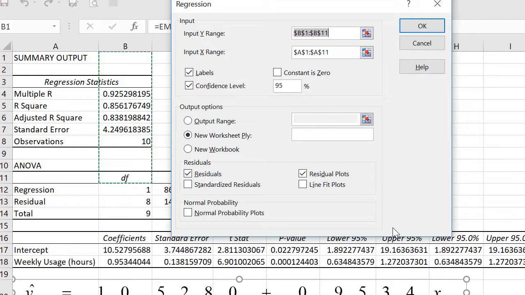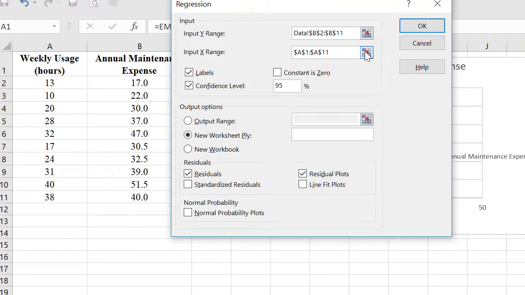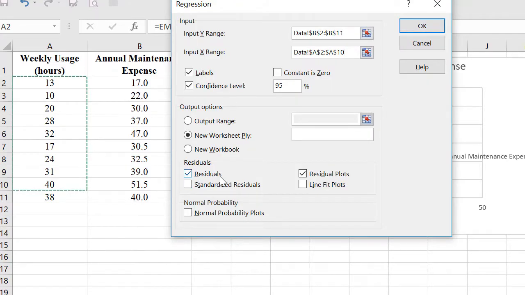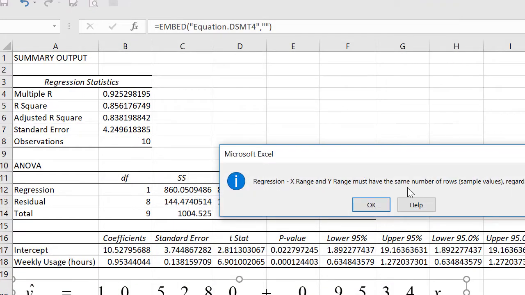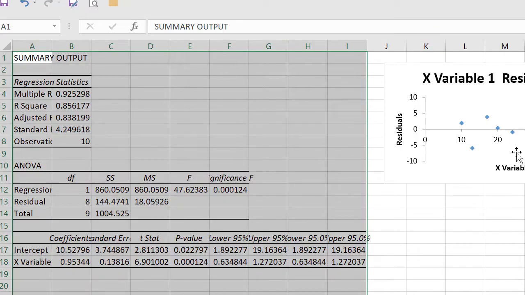It looks like I'm going to have to change my Y range; it doesn't include labels, and my X range doesn't include labels. I'm going to check residuals, residual plots. I had to make sure that they both contain the same number, A2 to A11, B2 to B11. Click OK. And there you see our residual plot.